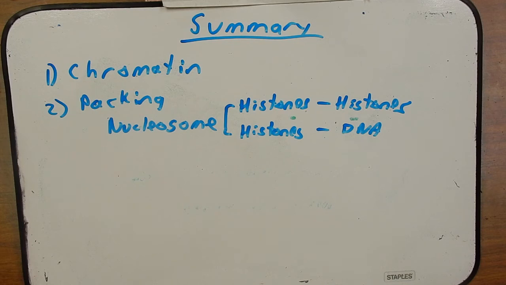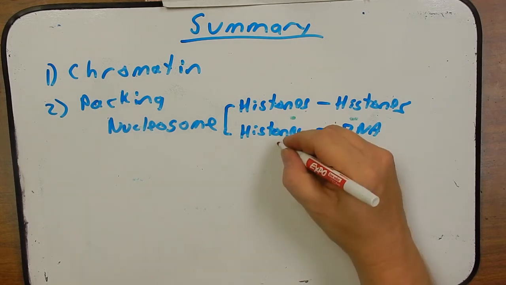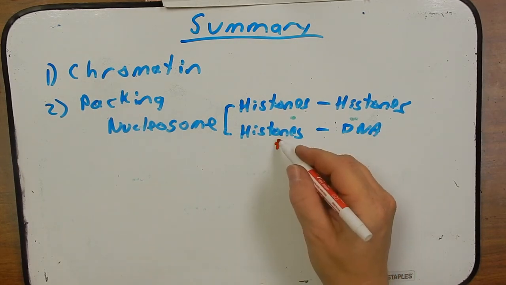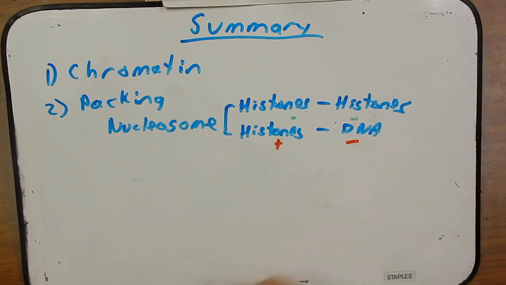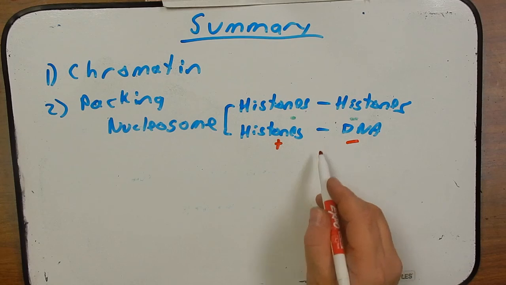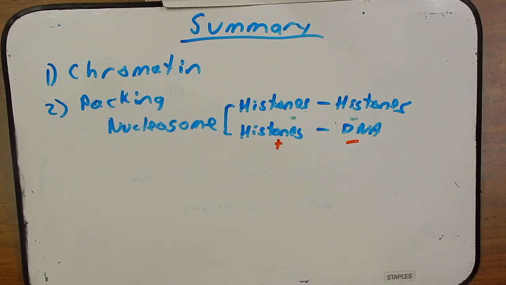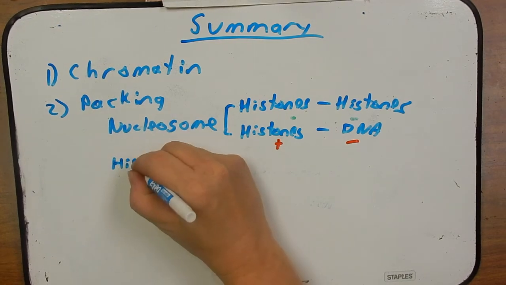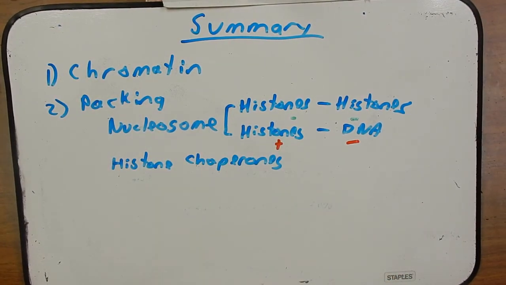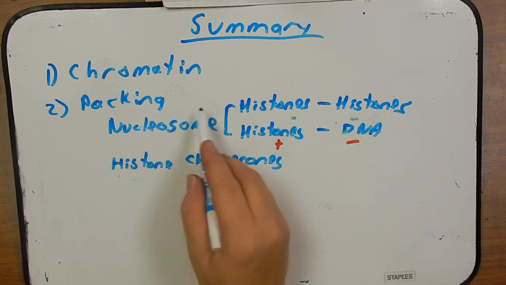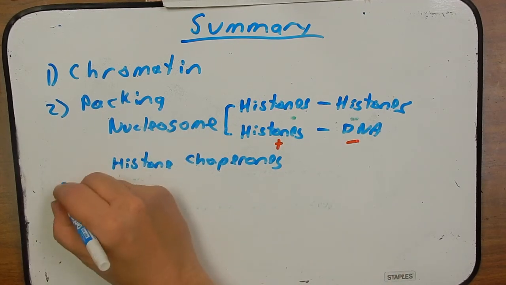And if you remember, I really stressed the positive amino acids that are found on these histones and the negative charge on the DNA, how that's a very important interaction. Don't forget that. We also talked about the importance of these histone chaperones in establishing histone-histone interactions and forming the nucleosome.